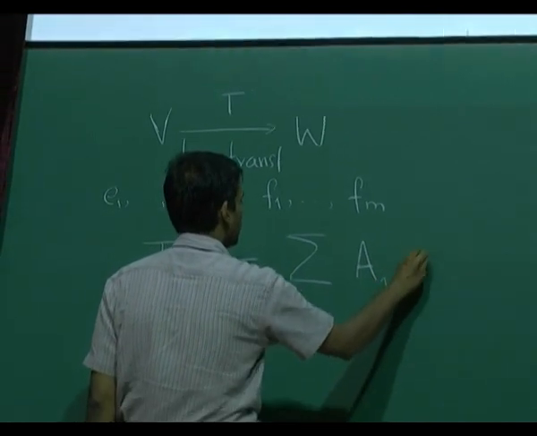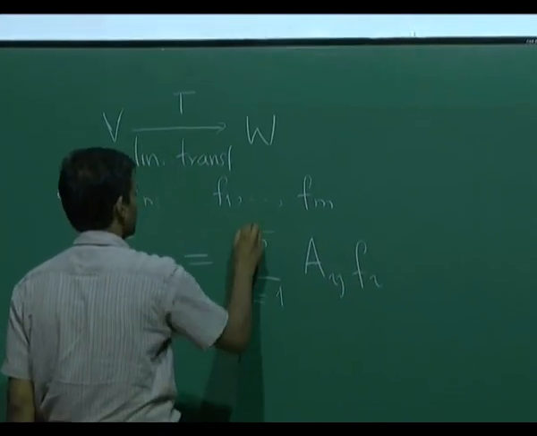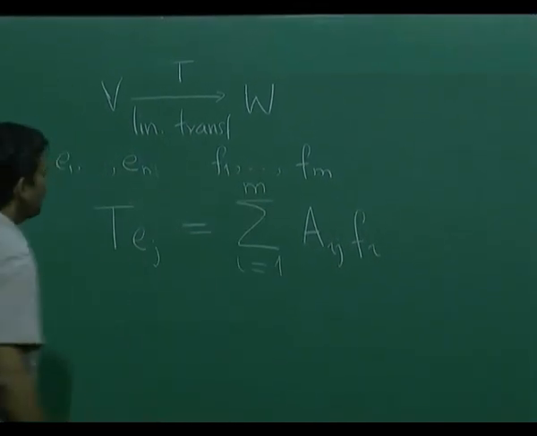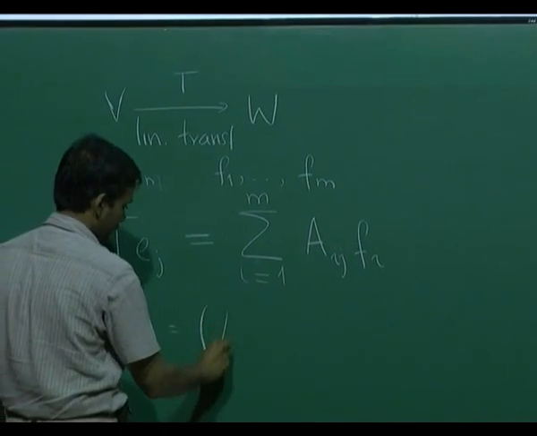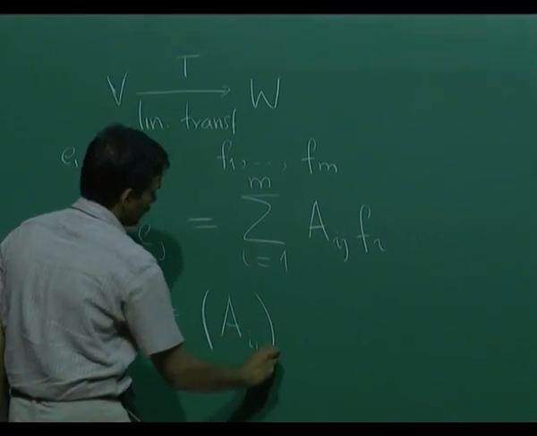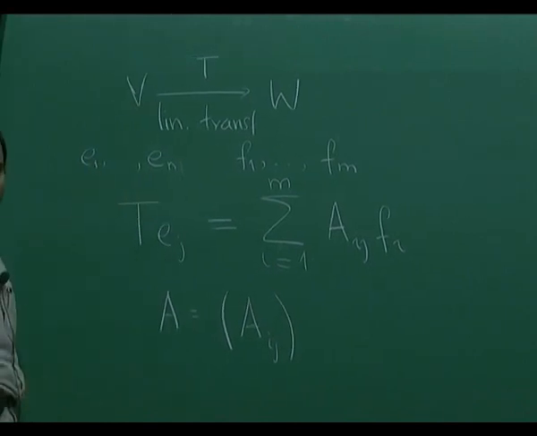So T of ej is the summation, i from 1 to m, of aij fi. Then this aij is called the matrix of T with respect to these bases.